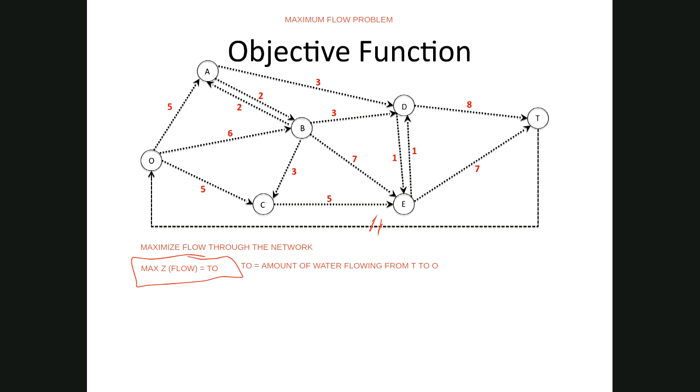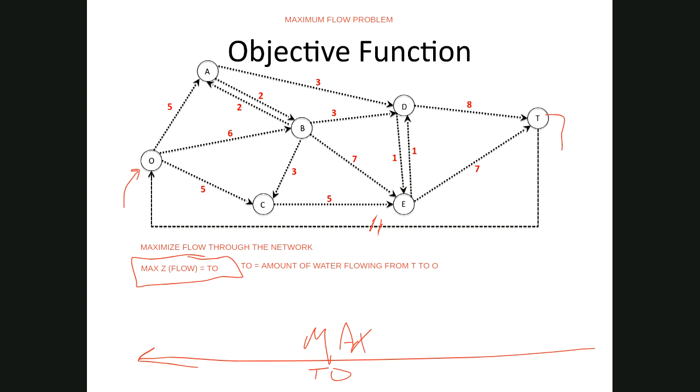So whatever comes out here has to go back into here. And as long as this T sub O is as large as possible, then we know that we can flow as much as possible through that network, because whatever comes out of T has to have gone in at O. And so this again balances the whole network.